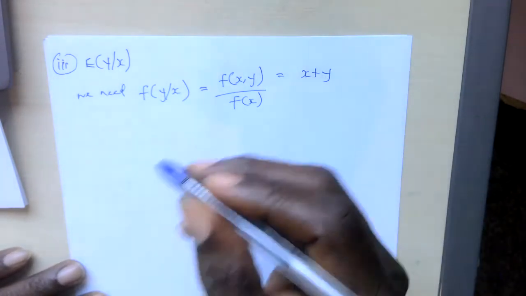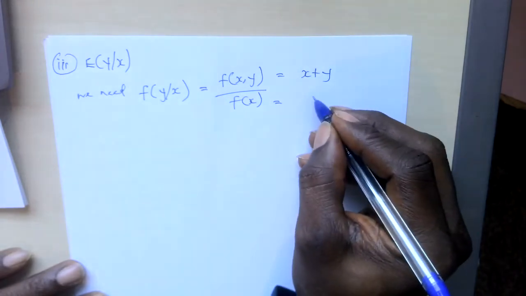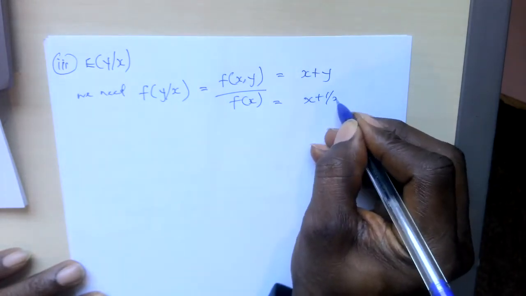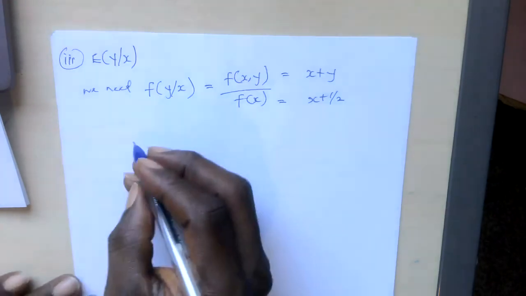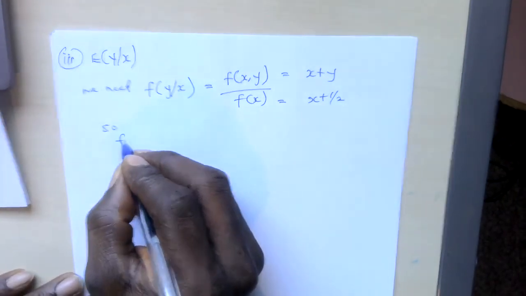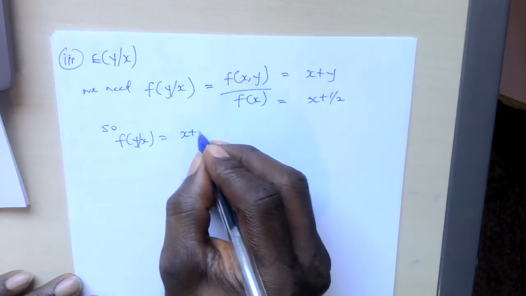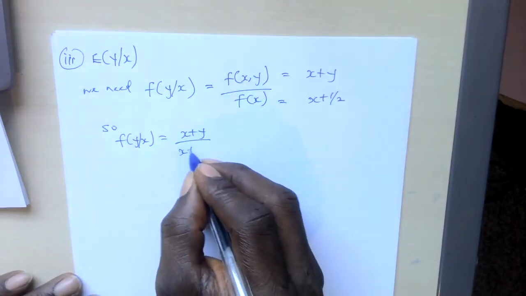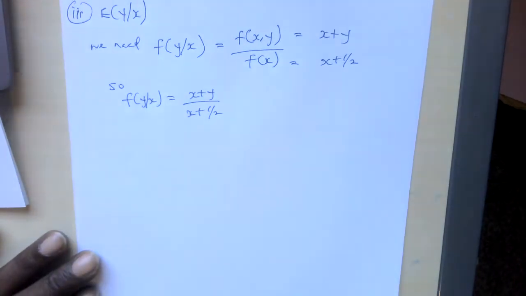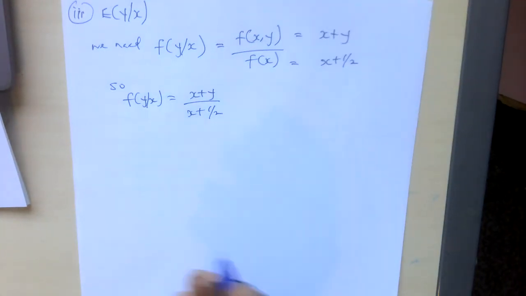And from when we solved in the past, we know that this is x plus half. So then f of y given x is x plus y all over x plus half. So basically this is the PDF.